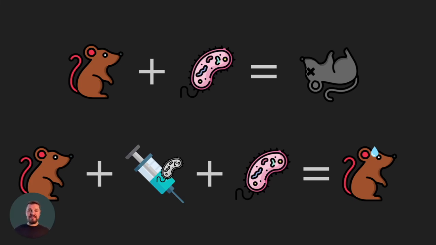But if we have vaccines, we can tell our body how those bad guys, those pathogens, look, and the body has the tools and is prepared to go and attack them when they come. So at most we get a fever, or we just feel a little bit sick, but definitely we don't die.